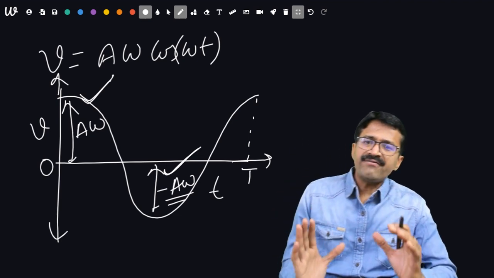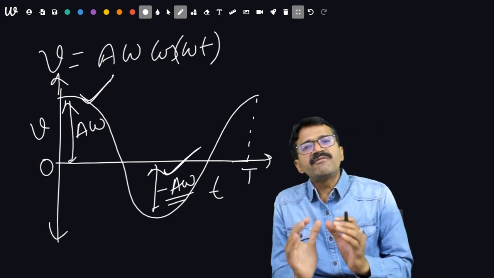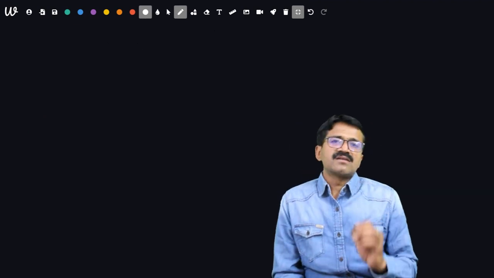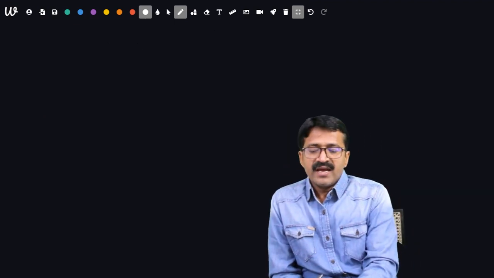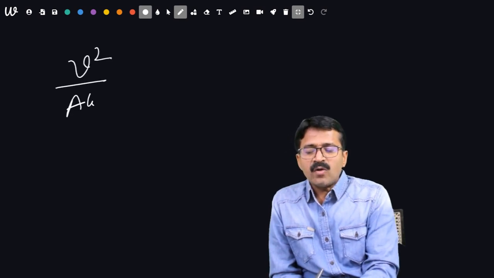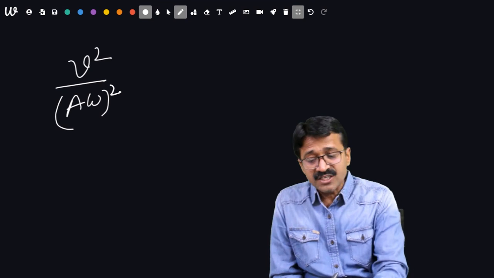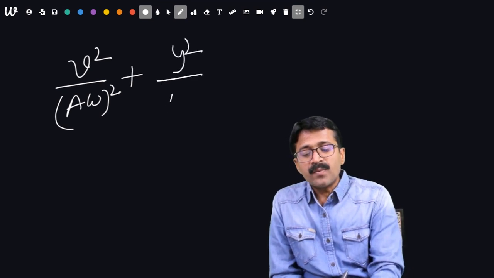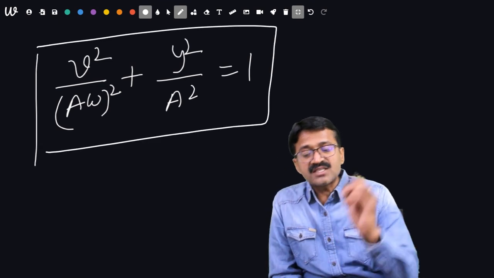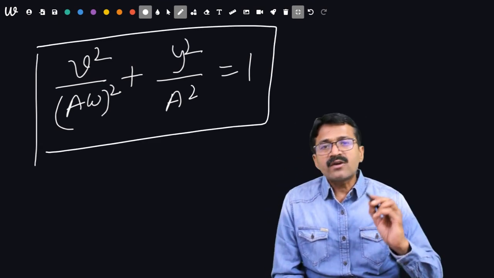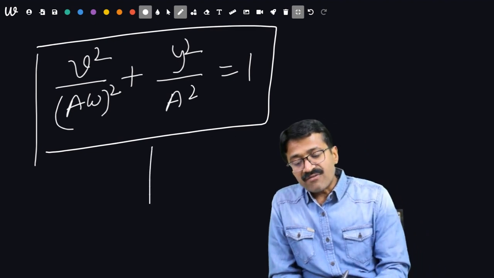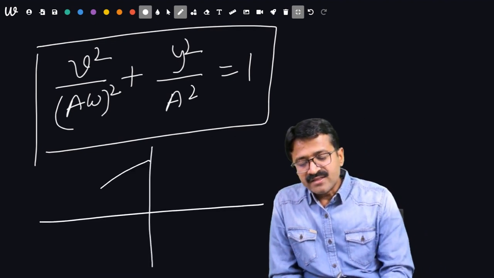Now another graph, between velocity and displacement, is very important. For this purpose a relation is required, and that relation is v square upon (a omega) whole square plus y square upon a square is equal to 1. You have to learn this relation. This relation is identical to the equation of an ellipse. So this graph will be elliptical in this way.